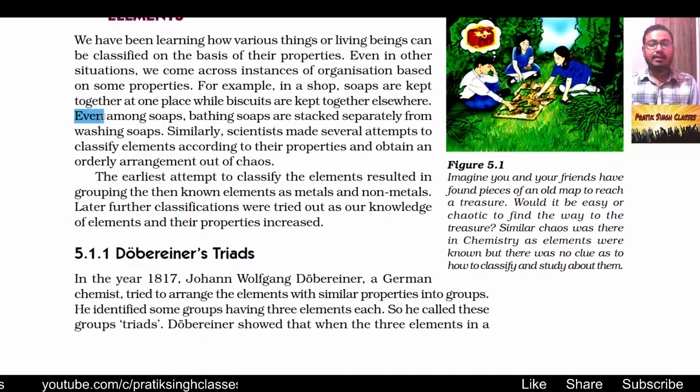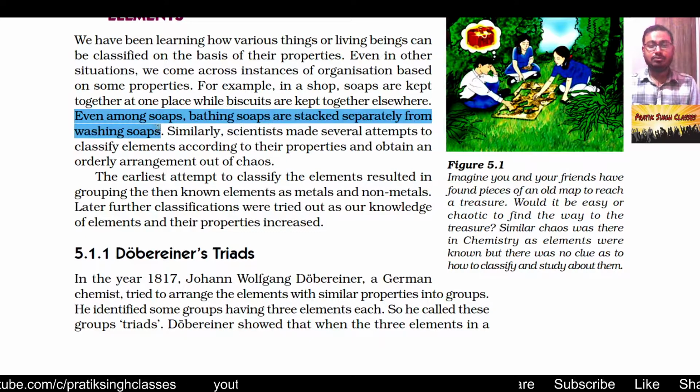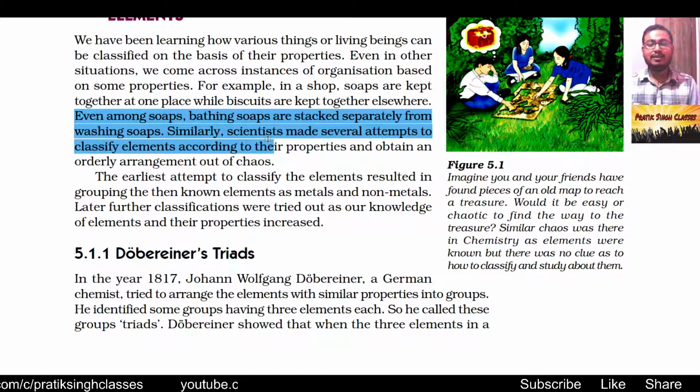Even among soaps, bathing soaps are stacked separately from washing soaps. Similarly, scientists have made several attempts to classify elements according to their properties and obtain an orderly arrangement out of chaos.